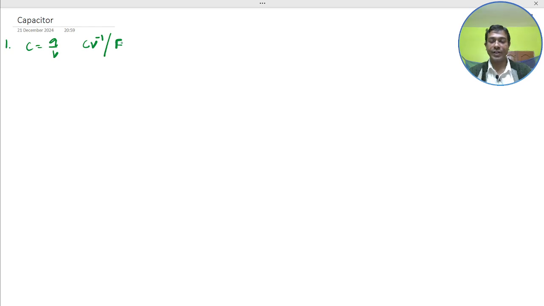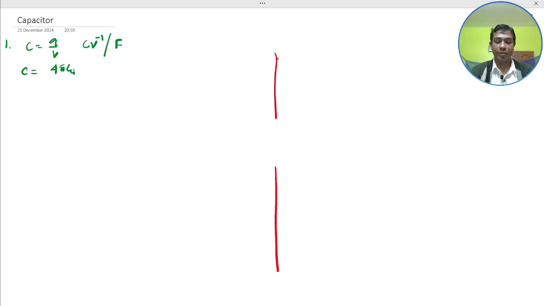Capacity of an isolated spherical conductor is C equal to 4 pi epsilon naught K R. If K equals 1, then C equals 4 pi epsilon naught R.